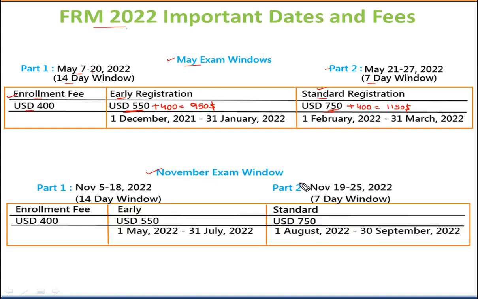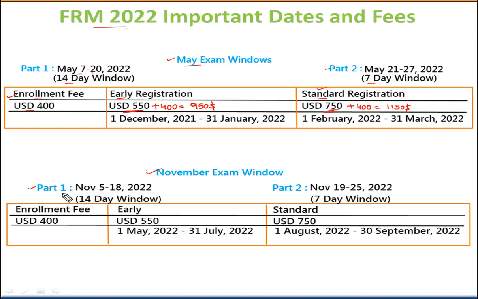So here we have the November exam window, and as I said, there is no July window like we had this year in 2021. The exam is going to be in May or November. If you're registering for the November attempt, then the Part 1 exam would start on November 5th and run till 18th of November 2022.